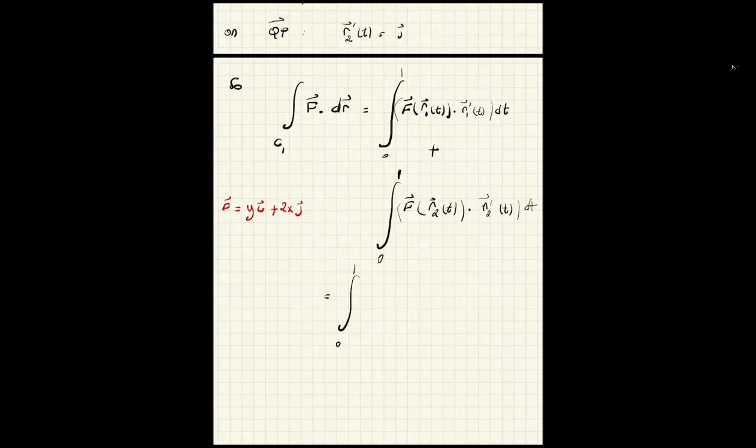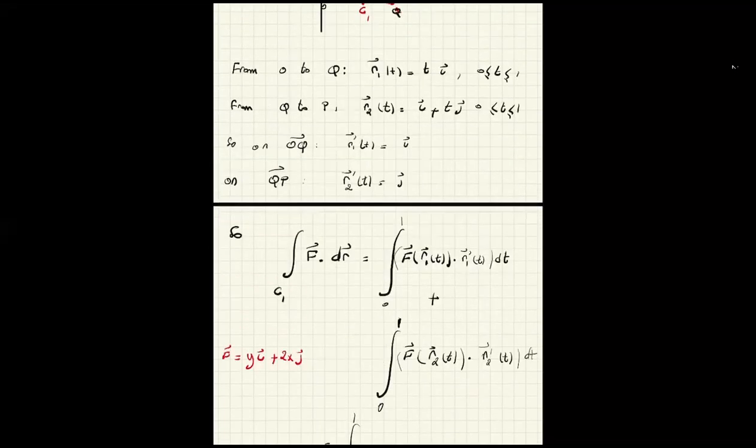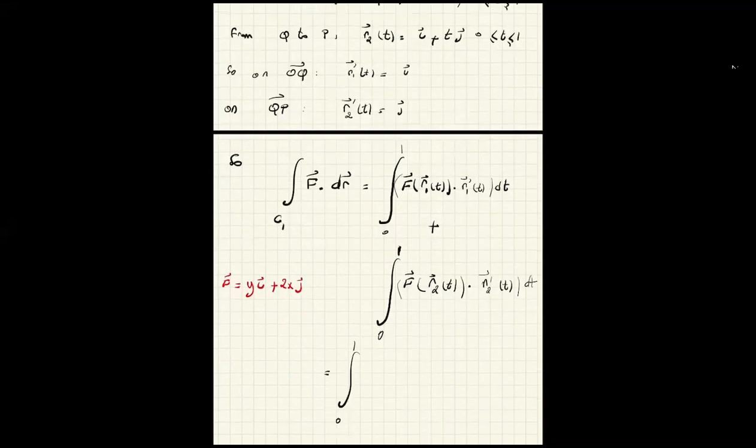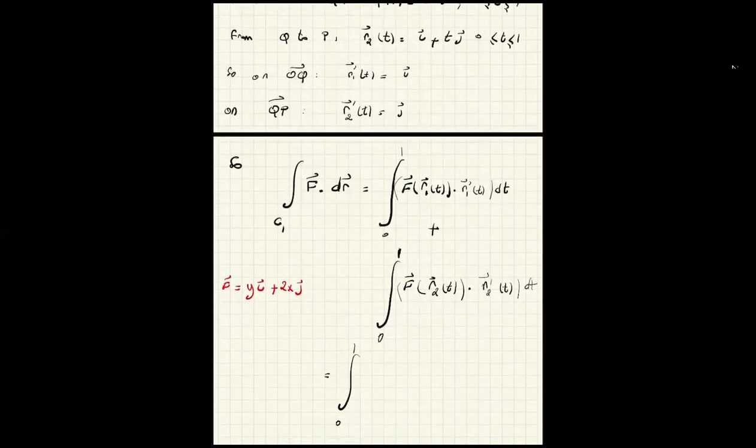I have to evaluate this vector field on the curve R1, which is given by t I. So on R1, I have no y component, so it's 0 I plus 2t j, since x is parameterized by t.